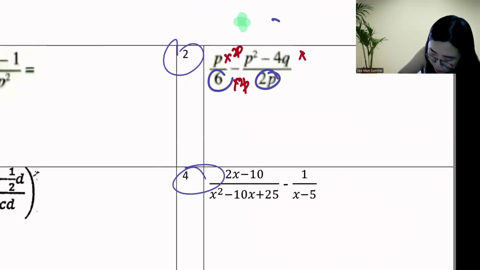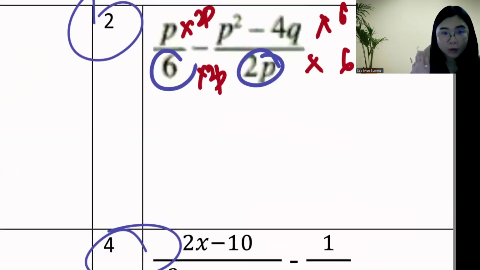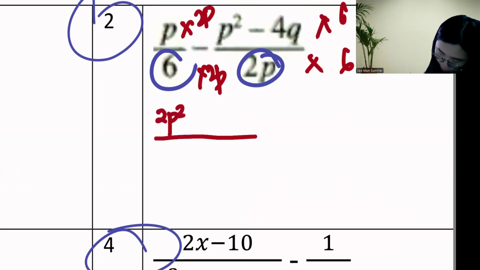You need to times p, times 6. Okay. Now we do it very carefully, because if one sign is different, the answer will be totally wrong. So this is 2p squared. Both of them are already combined in the same denominator, which is 12p, correct?